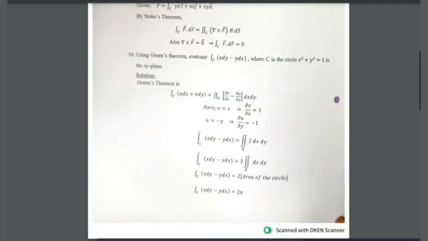Next we are moving to the next problem. Using Green's theorem, evaluate integral C x dy minus y dx, where C is the circle x squared plus y squared equal to 1 in the xy plane. So we are using Green's theorem as they asked.